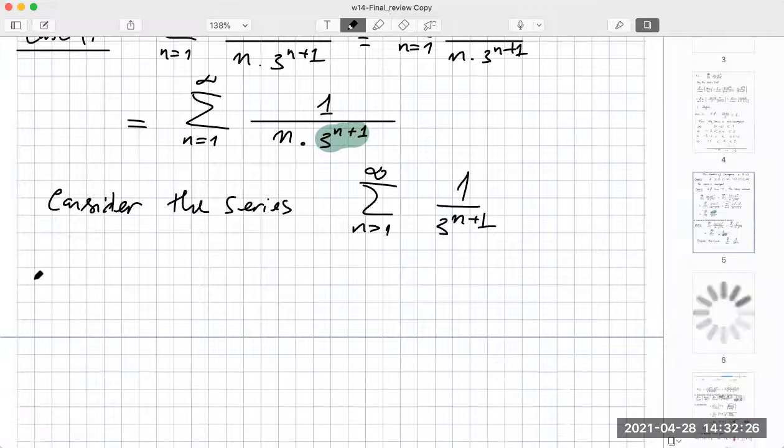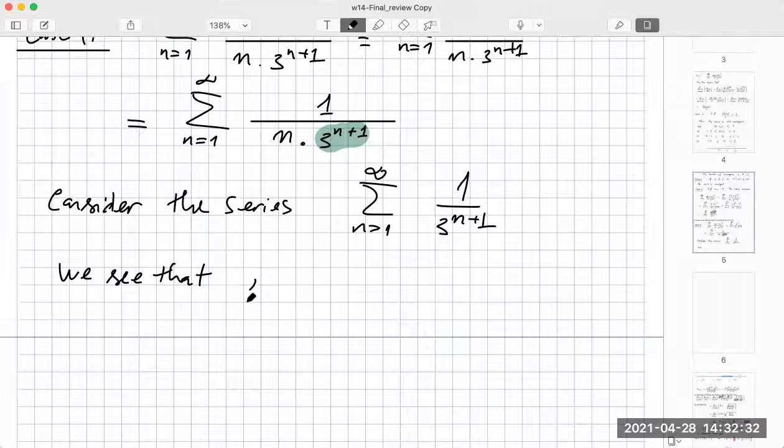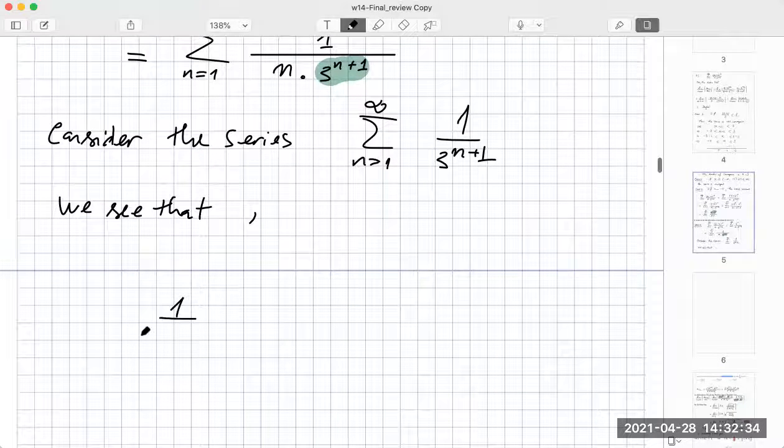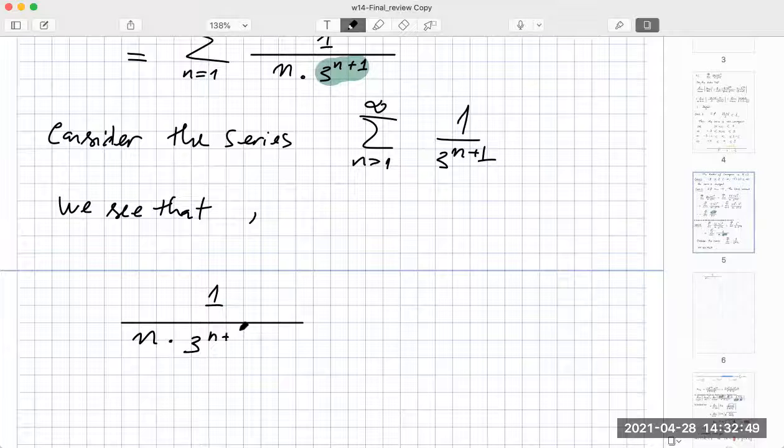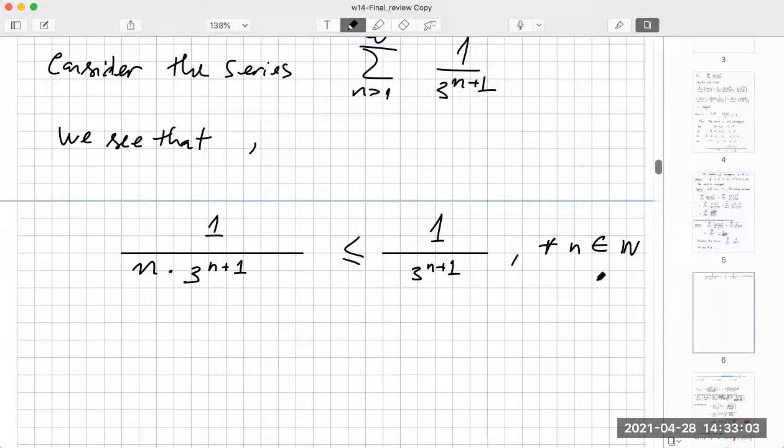We see that the fraction 1 over n times 3 to the n plus 1 is always smaller than 1 over 3 to the n plus 1 for any integer n, and is positive.